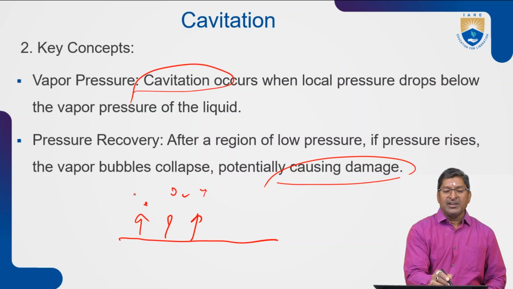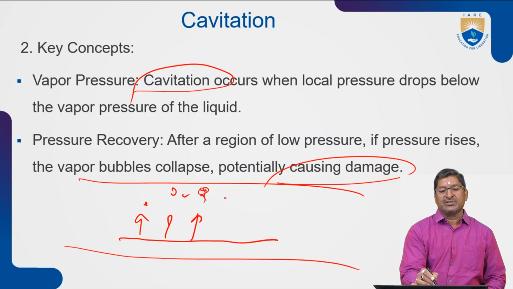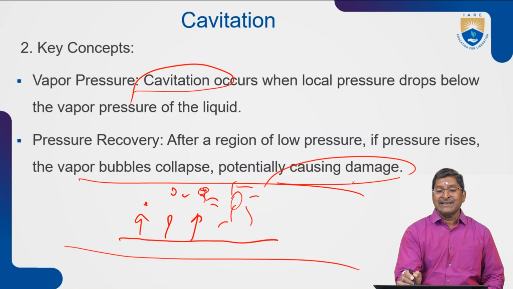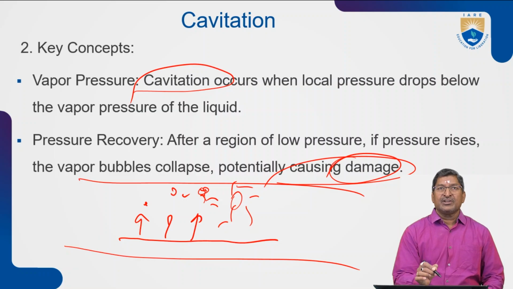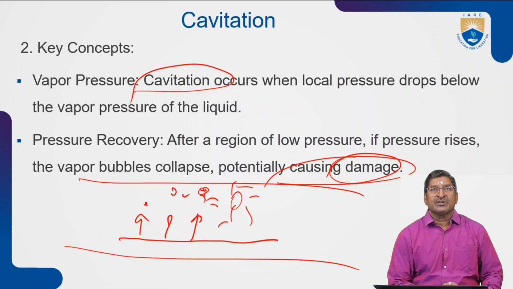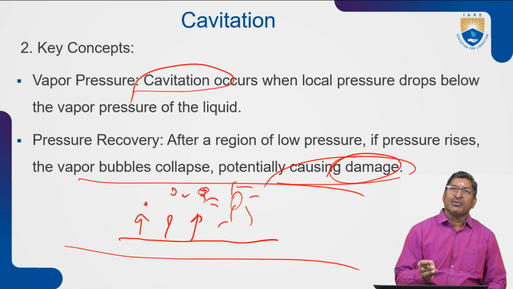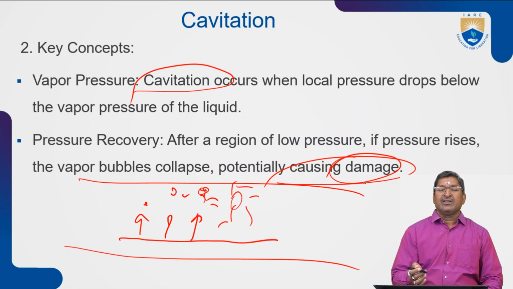Then if it is traveling in a pipe or somewhere, whenever high pressure is exerted on this, these bubbles will collapse and become liquid form again, which causes damage to the material. This is the reason we are studying cavitation. The main thing is damage to the material of pumps, propellers, turbines, submarines, everything.